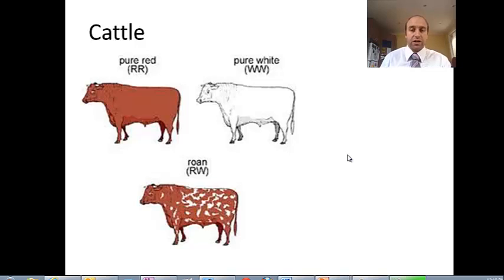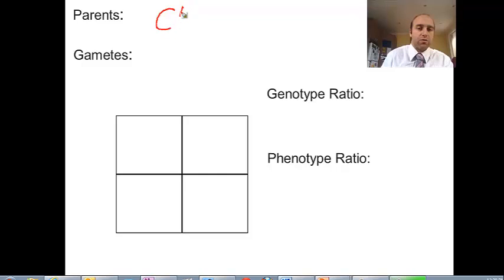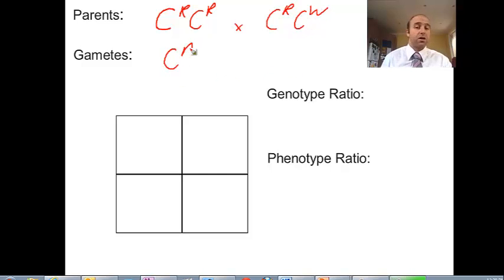Now let's have a look at an example here with our roan cattle. We'll do something a little bit different. We'll have a look at a red individual crossed with a heterozygous individual. Okay. Gametes produced by this one, only the red.